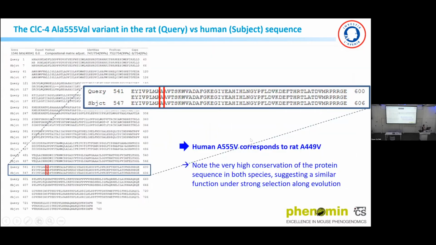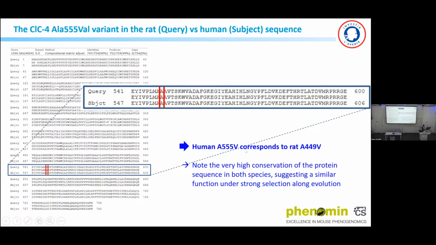And here you see a sequence comparison on amino acids. The query is the sequence of the rat CLC4 protein, and the subject is the human CLC4 protein. And here is the alanine 555 valine variant, which we have talked about, and which showed a loss of function in the Xenopus oocytes.